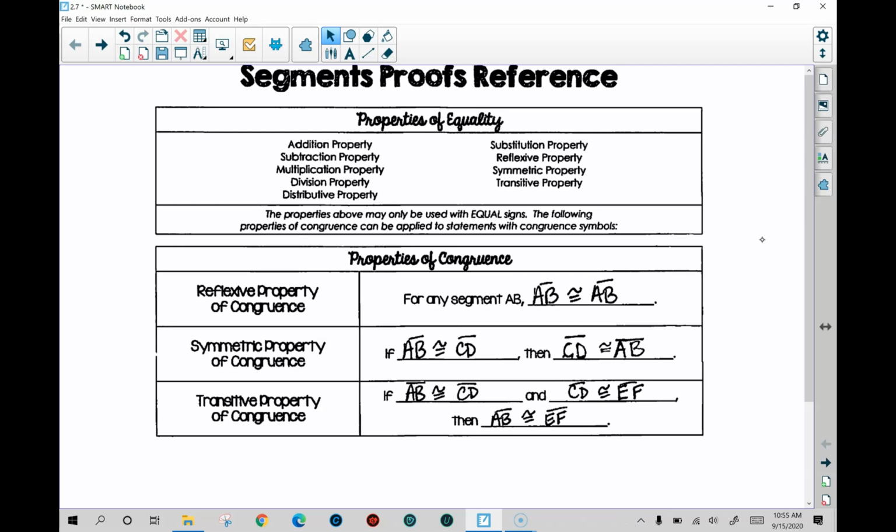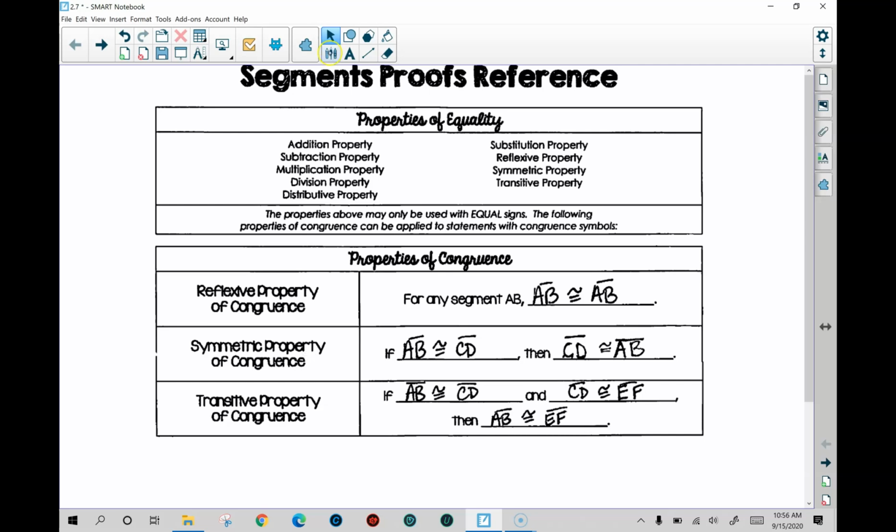All right, so 2.7. We're going to deal with segments and proof reference. So basically what we did last class, we're just going to recap. We have the reflexive property of congruence, and that is for any segment AB equals AB.